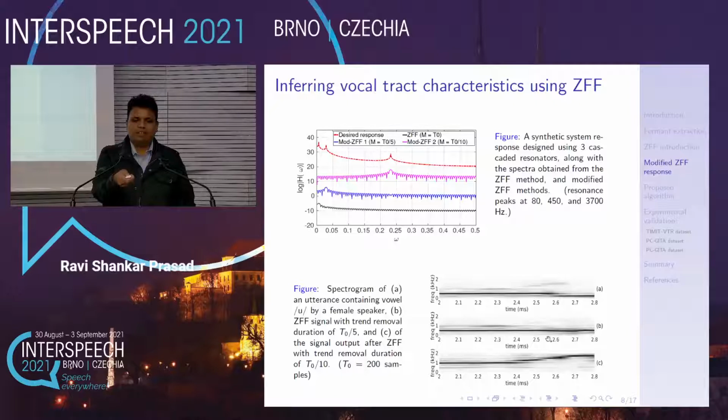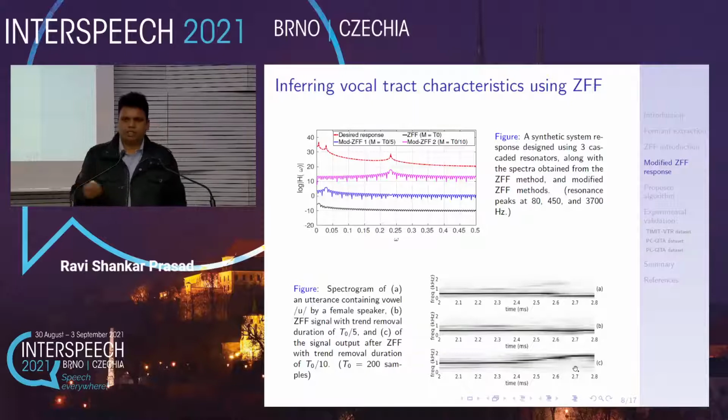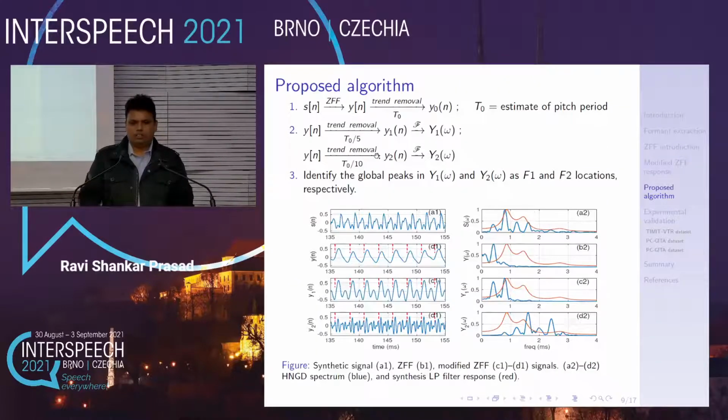In figure B we can see a formant component prominently visible in the spectrogram, whereas in C we can see the second formant component prominently visible, which gains prominence by these two different shifts in the trend removal.